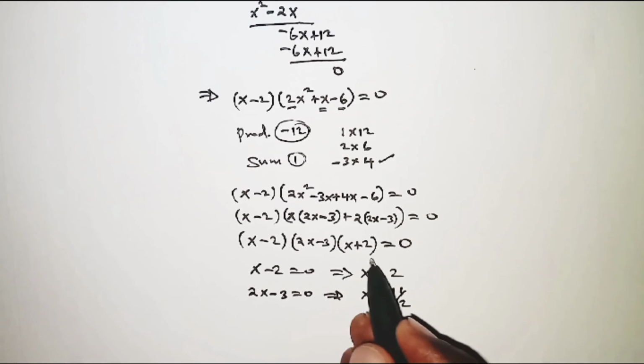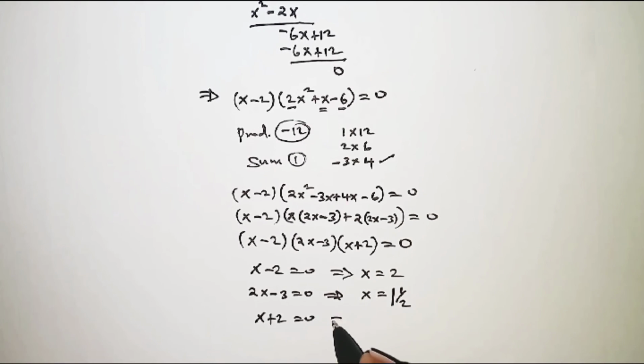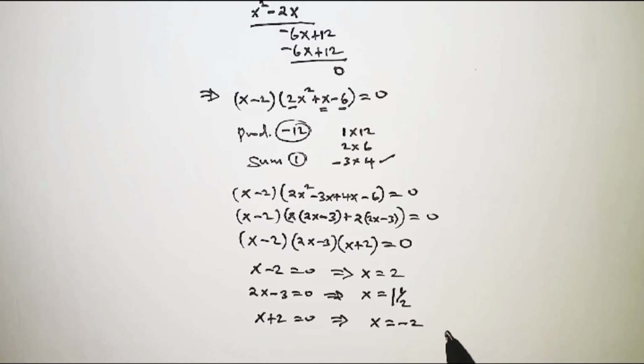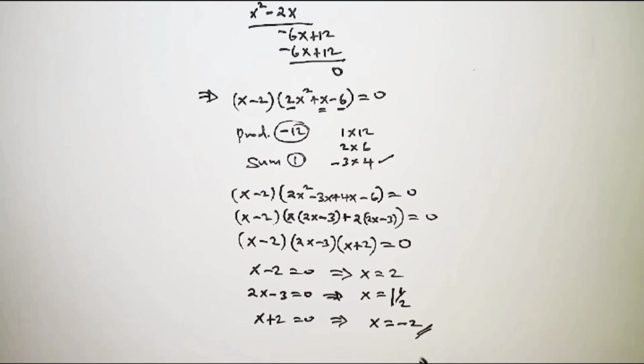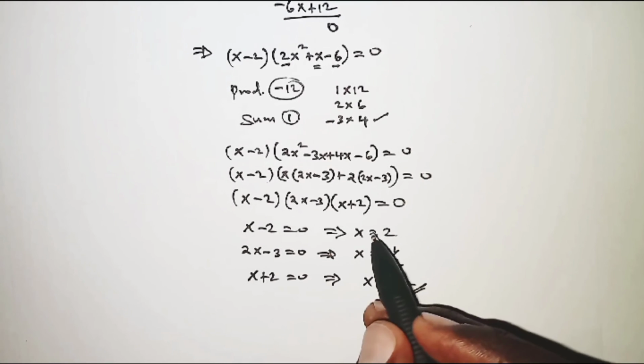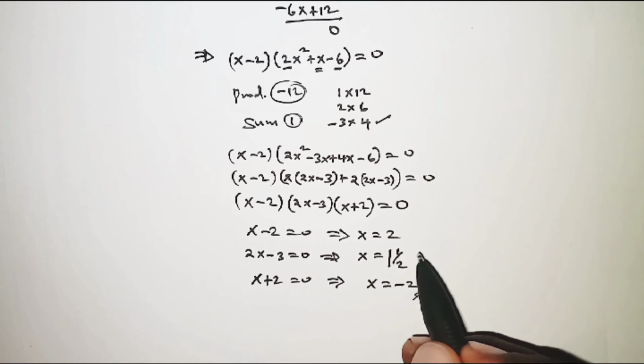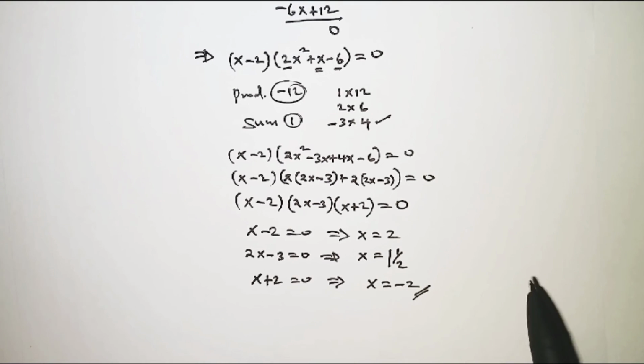Finally, for the last part, x plus 2 is 0, which implies that x is equal to negative 2. So that is it for this. These are the solutions to the problem. So we have x is 2, x is 1.5, x is negative 2.